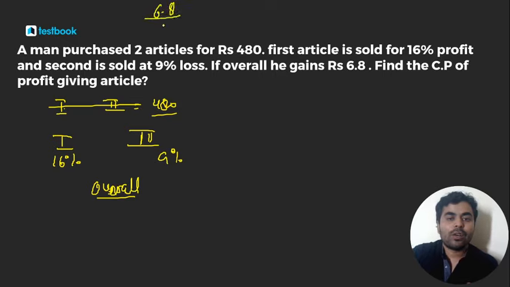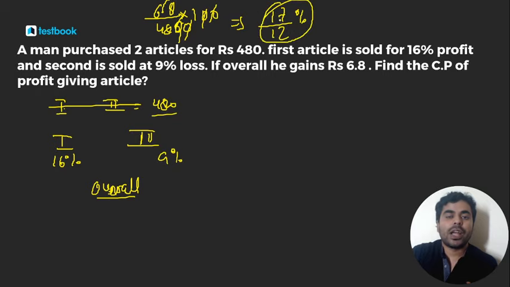Now we will calculate what the total profit was. That was 6.8 on rupees 480 into 100, and if we remove this we will get 10 here, and we get 17 by 12%. Don't divide it to get decimals, let it be in the form of a fraction.